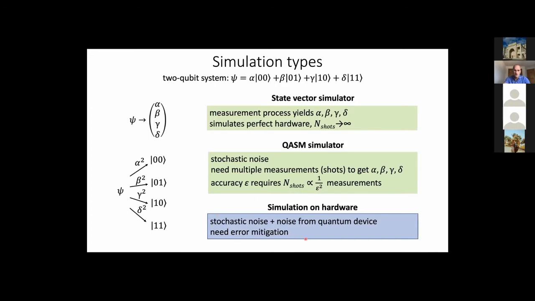In simulations on hardware, in addition to stochastic noise, we add noise from quantum devices, which at this moment in time is quite large. To do this on larger systems, we need error mitigation.